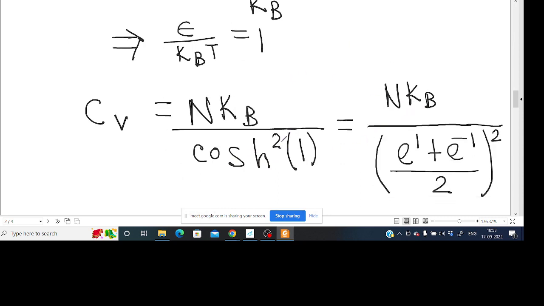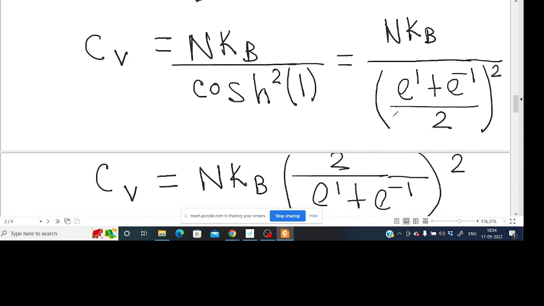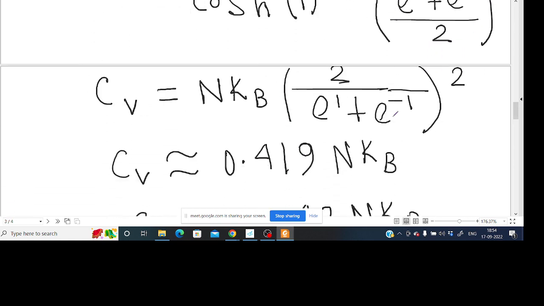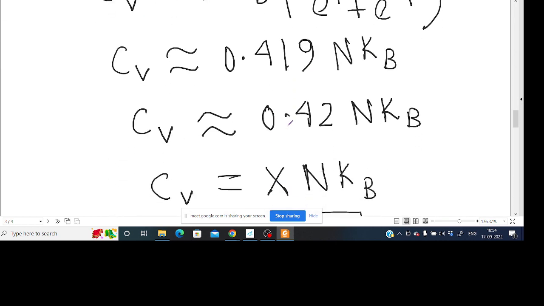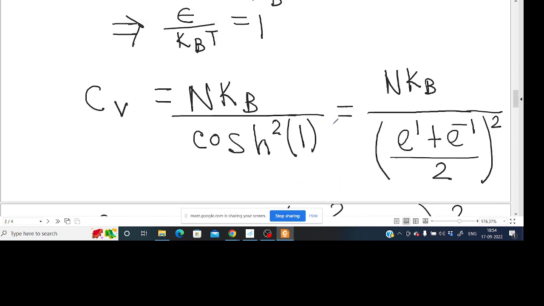Now cos hyperbolic x is equal to e to the power x plus e to the power minus x by 2. So cos hyperbolic 1 is equal to e to the power 1 plus e to the power minus 1 by 2. Now just use your calculator, then you will get this thing. And in this question, this Cv is given as x into nkB. So x is this thing, 0.42. Okay, clear?